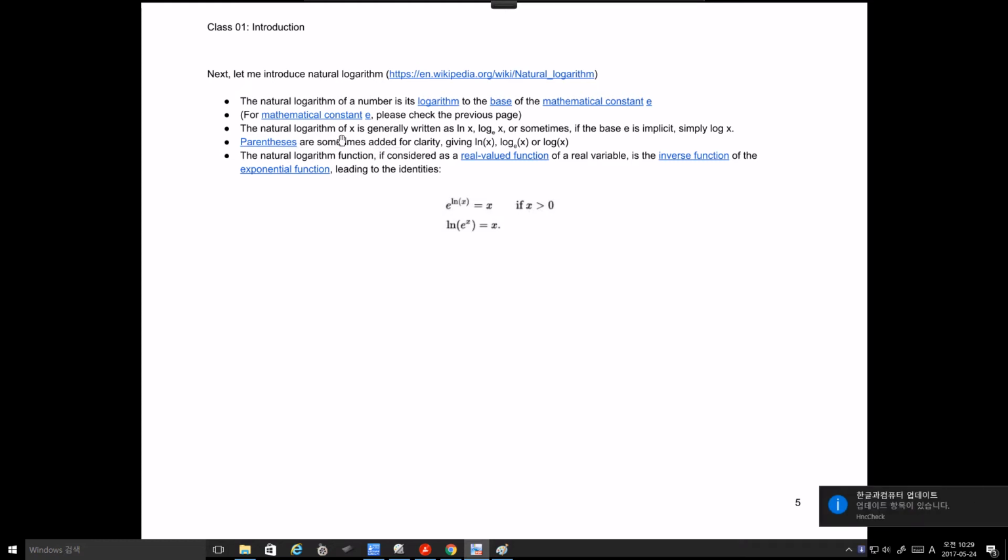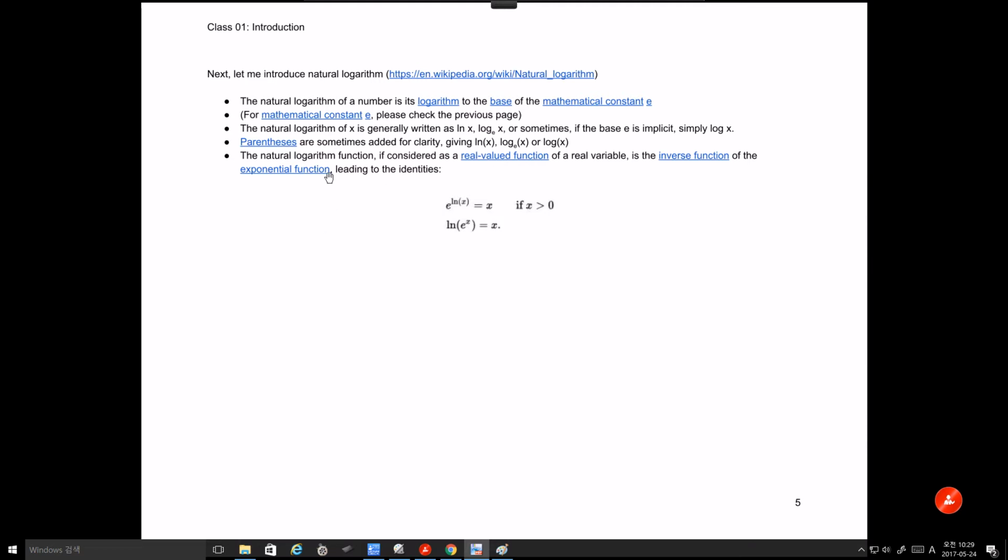The natural logarithm of x is generally written as ln x or log base e of x, or sometimes, if the base e is implicit, simply log x. Parentheses are sometimes added for clarity, giving ln(x), log base e of (x), or log(x).